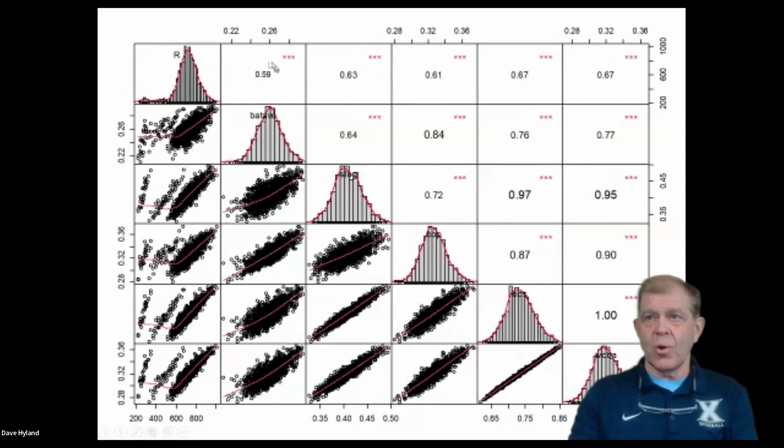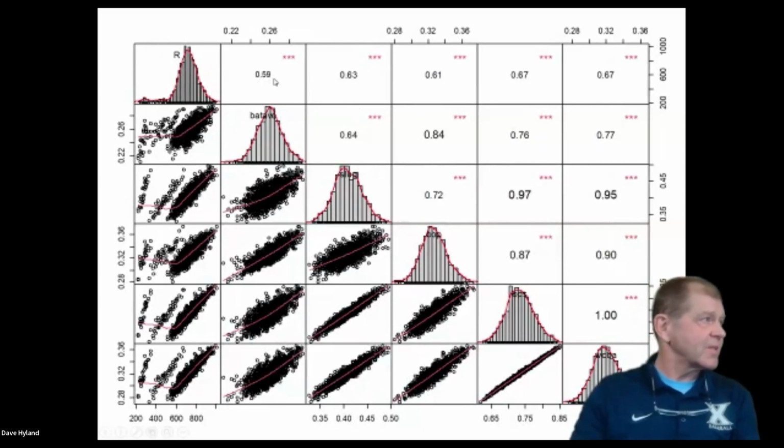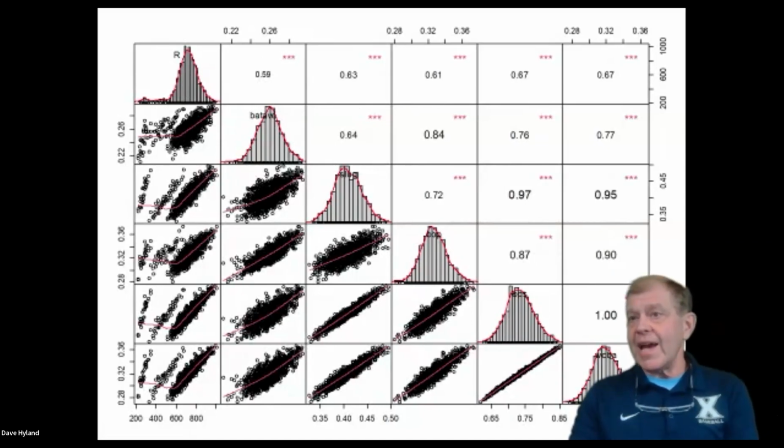The correlation between team runs scored and batting average is about 59%. So yeah, batting average is pretty good at explaining runs scored. But then we look at slugging percentage, 63% correlation. OBP, 61% correlation.